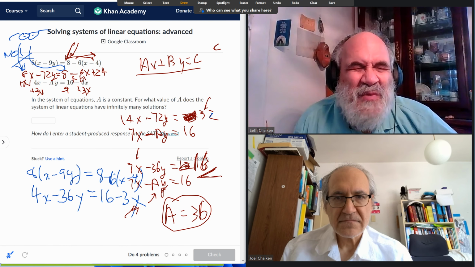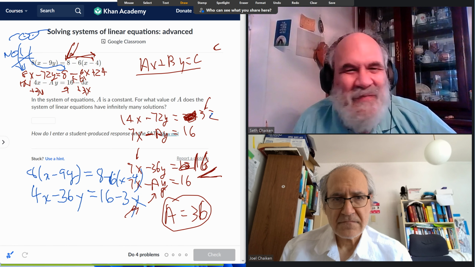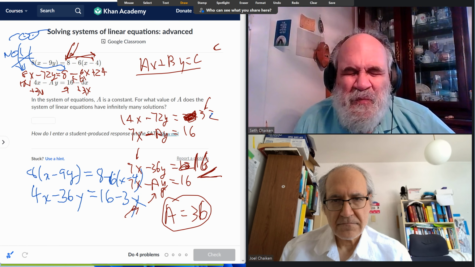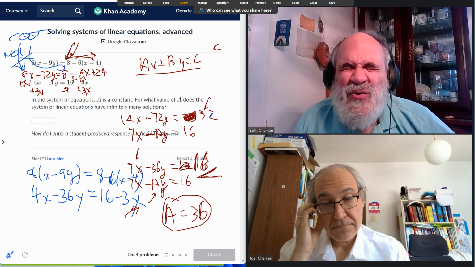If one of these numbers, like the 4, were a 3.5, then it would be a different character. The two equations would then either have a unique solution, or they would have no solution at all.